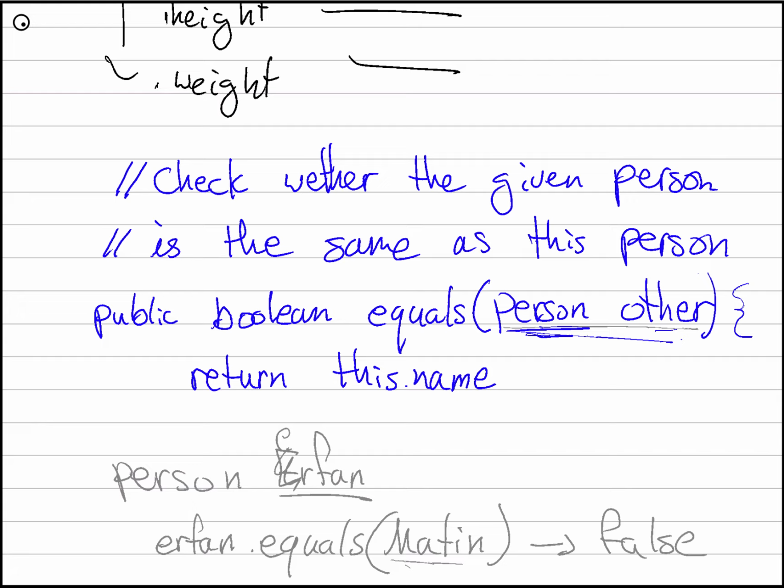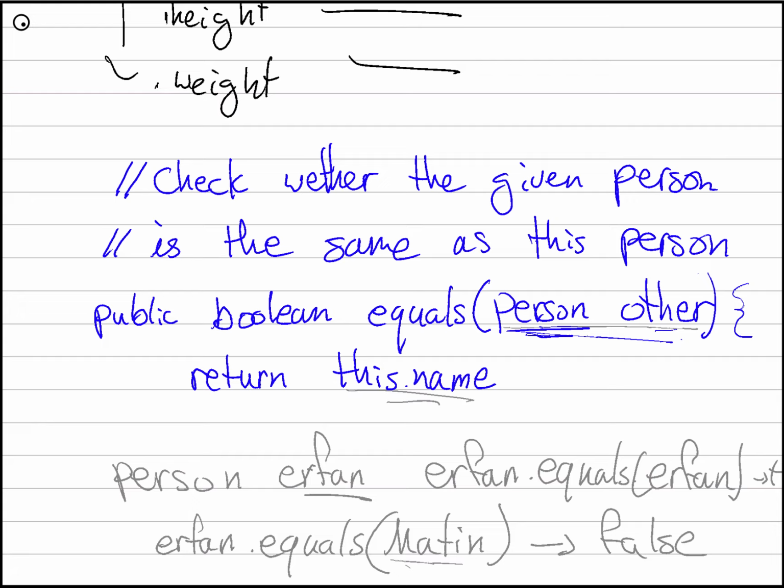Right? And let's say if I do irfan.equals(irfan), this needs to return true, right? Exactly. So the reason why you have this dot name here is because you're calling the equals method on irfan.